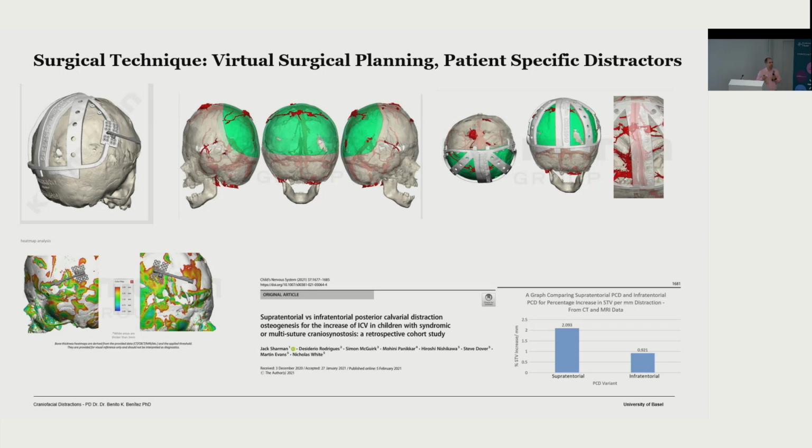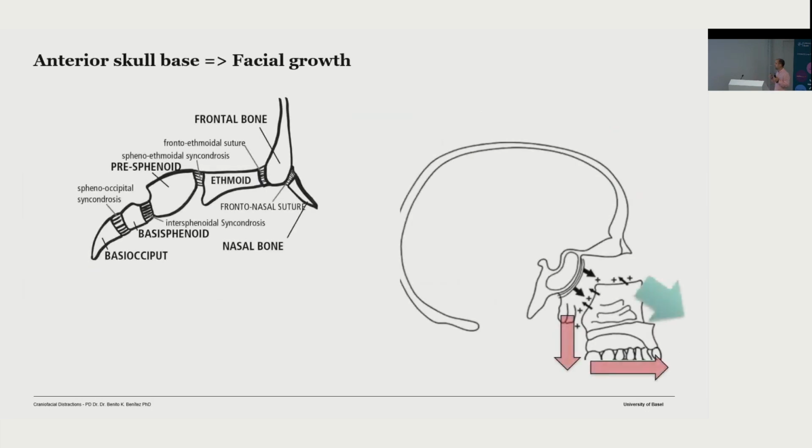The torcula also there. For me, what was interesting to see is that it was not intuitively as we would have expected, that if you do the osteotomy far below, you gain more volume. It was the opposite, which the colleagues in Birmingham showed. So this is one possibility to apply distraction techniques in the posterior vault.